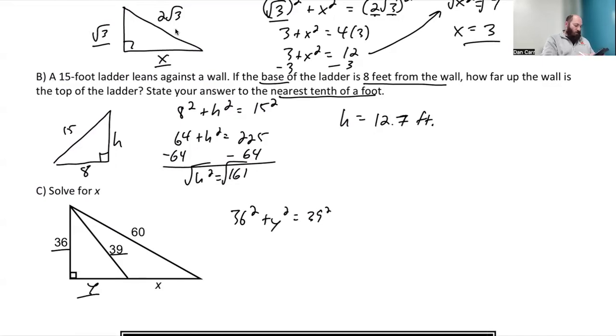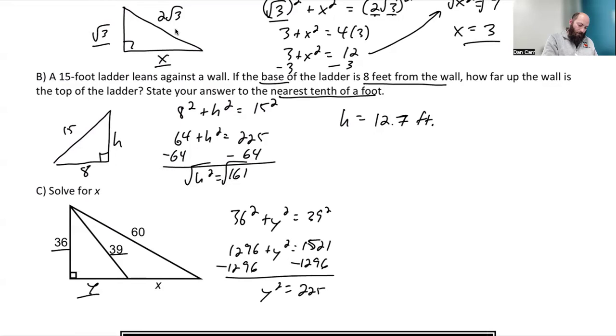Okay, so 36 squared becomes 1,296 plus y squared is equal to 39 squared, which is 1,521. I'm going to subtract the 1,296 from both sides, so that y squared is equal to 225, and then I square root this, so y comes out as 15. Okay, so that is the length of this side right here.